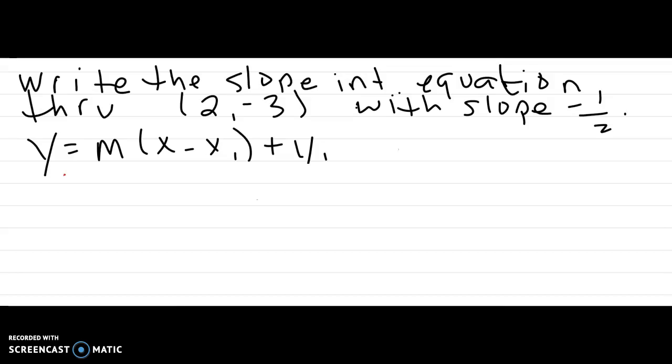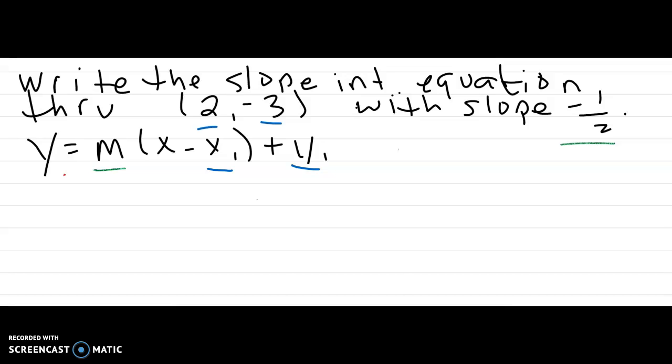So if you remember what we discussed in class, you have to know a point that this thing goes through, and the coordinates of that point are x1, y1, which in this case is (2, -3). So the x coordinate is 2, and the y coordinate is -3.